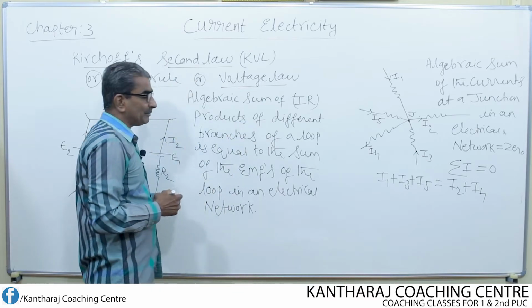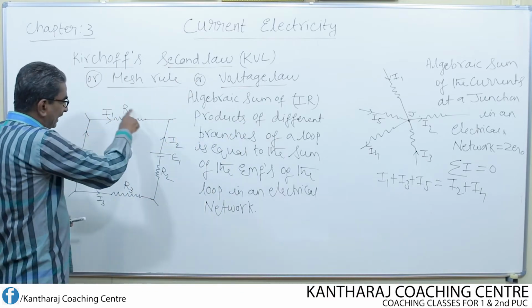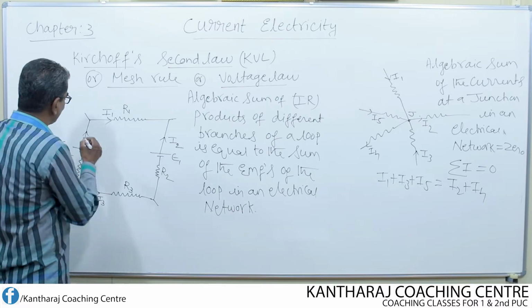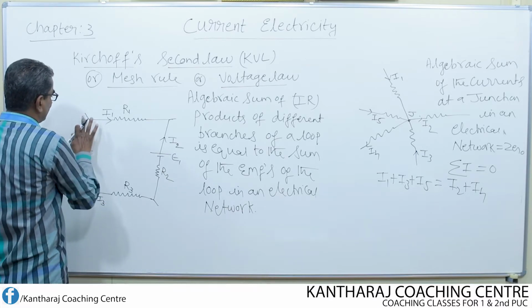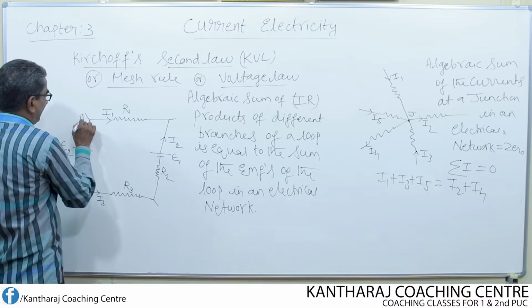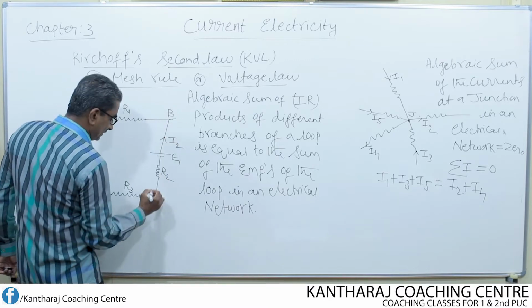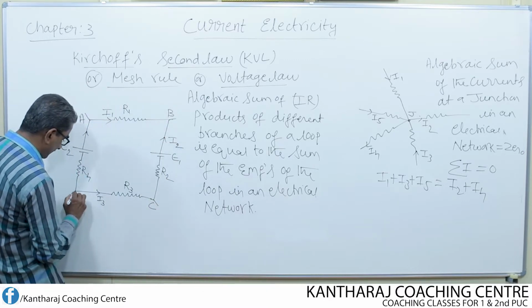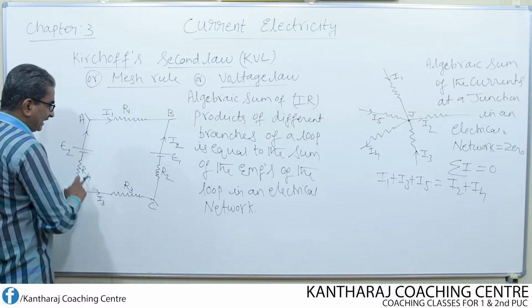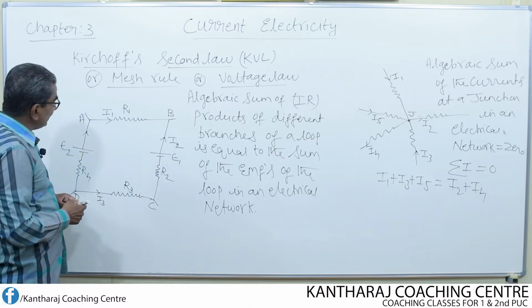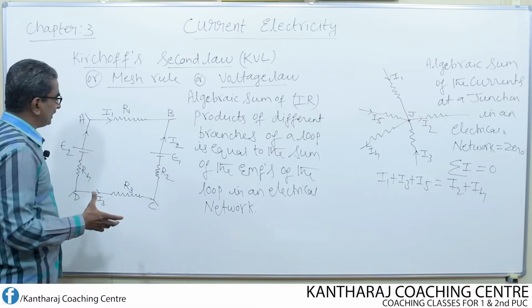of different branches. Here I have taken one loop A, B, C, D, so ABCDA is a loop. In this loop, how many branches are there?